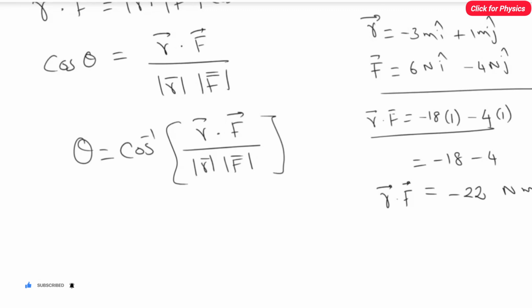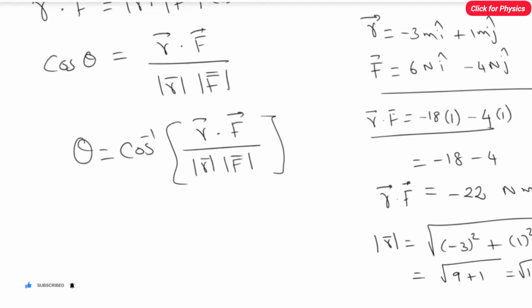Likewise, we have to find the magnitude value of r. For finding the magnitude of r, we take the i component squared plus the j component squared. So let's take the r vector. The x component value is minus 3, so minus 3 squared plus 1 squared, which is plus 9 plus 1.